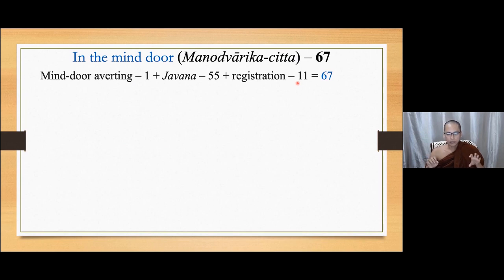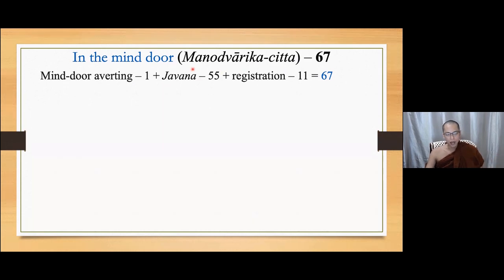During the cognitive process, there are 3 types: mind door advertence at the beginning, then 7 times javana arise, and registration 2 times. Sometimes if it arises in the sensual plane of existence, the registration will be present, and if it arises in the Brahma world, the 2 times of registration will be absent. So only the mind door advertence, and after that the javana.